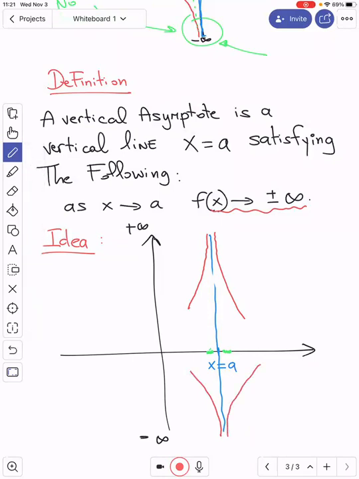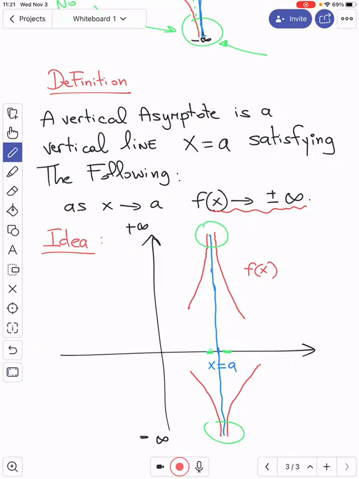Okay, and again, the idea is that the graph of f doesn't touch your vertical asymptote, right? This is f of x. So the graph of f doesn't touch the vertical asymptote, but it gets as close as you want to the vertical asymptote.